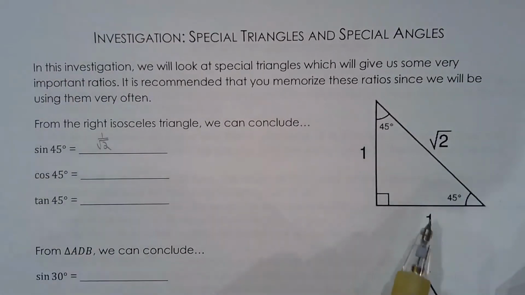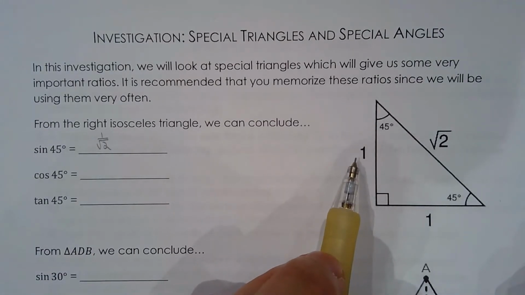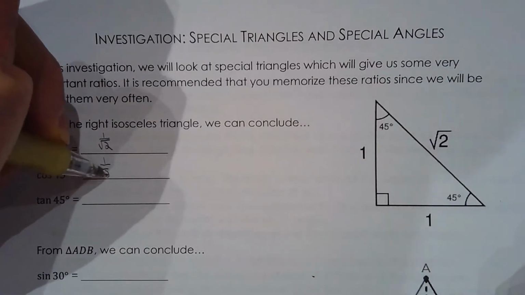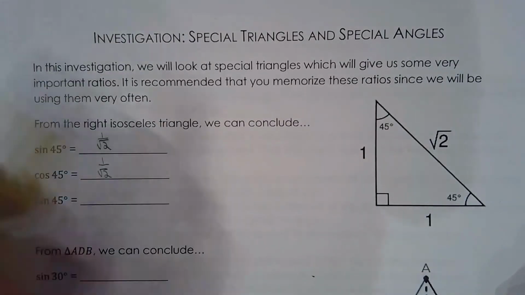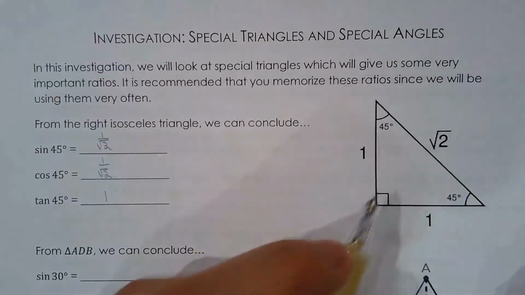Cosine 45 degrees will be adjacent over hypotenuse, so 1 over root 2, it's also 1 over root 2. And tan 45 degrees is equal to 1. Opposite over adjacent, 1 over 1 is 1.